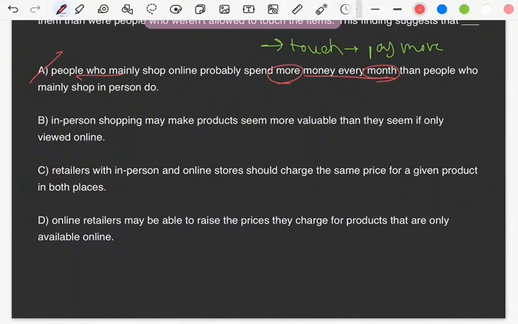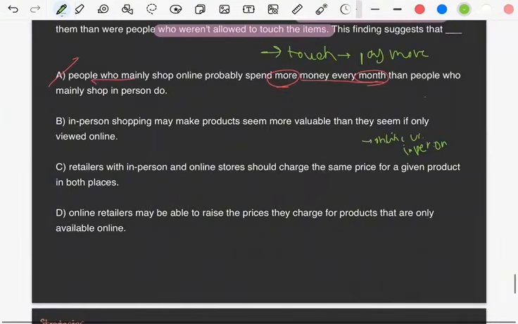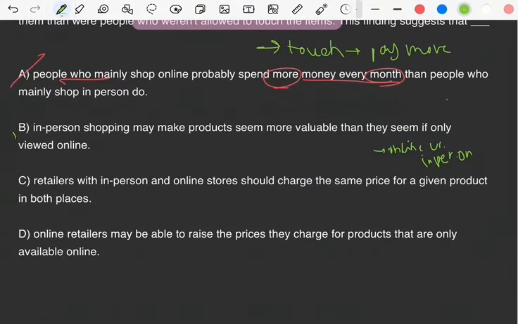The next one is in-person shopping may make products seem more valuable than they seem if we viewed online. And this is again directly connected to what we were looking for. It is about online versus in-person, right? It shows how the value changes. So I'm going to select this option for now.